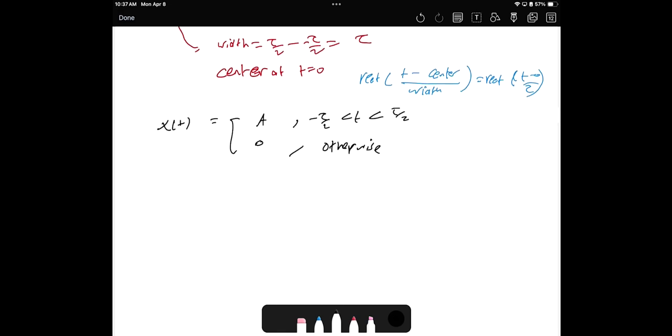Now, let's find the Fourier transform. So X of omega equals the integral from negative infinity to infinity of x of t e to the power negative j omega t dt. So how can we find this?